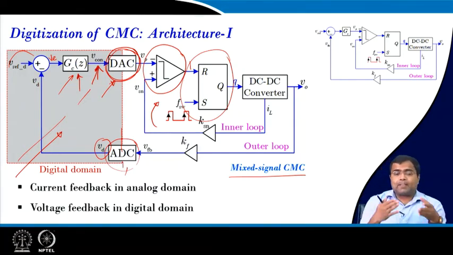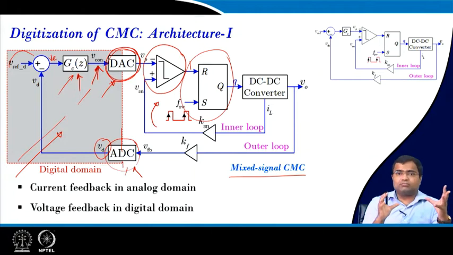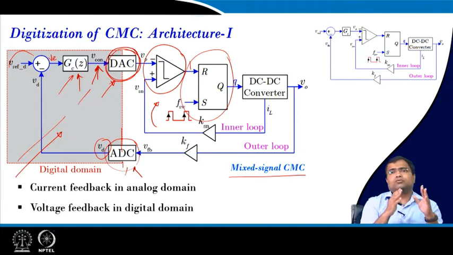Another aspect, even if you are going for large signal transient, because of the delay you may lose the control loop bandwidth, because we have discussed the digital control has some shortcomings. When you have this A to D converter, we cannot have a very high sampling rate, because that will unnecessarily increase the cost and the power. So we have a limit on the ADC conversion rate, and because of the limit we will have a delay.